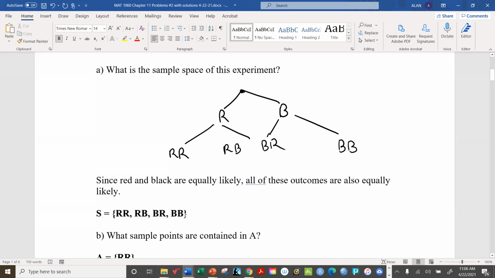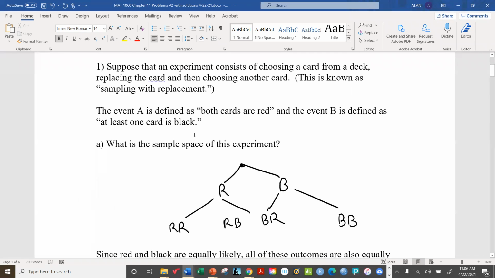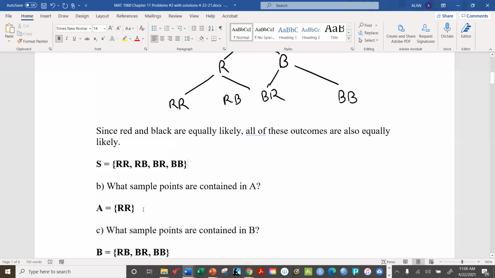And so now what sample points or elements are contained in A? Now remember, A means both cards are red. So that's pretty simple. A simply contains this element RR. Now for B though, remember B means at least one of the cards is black.